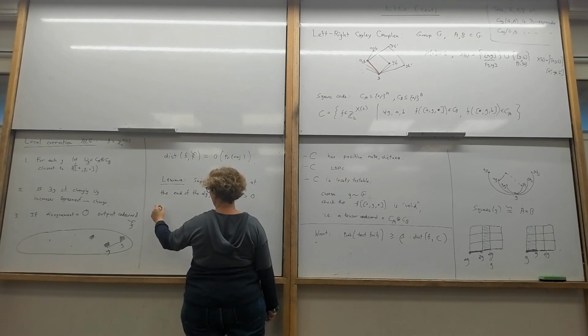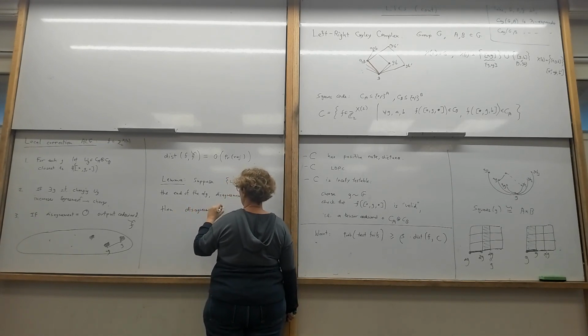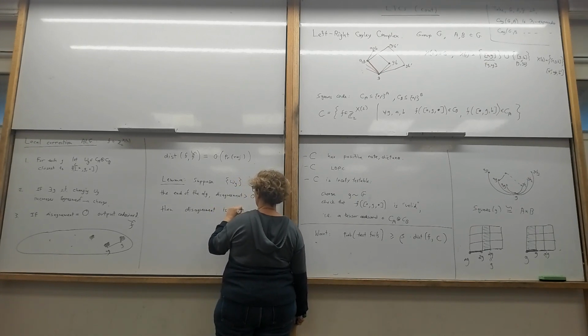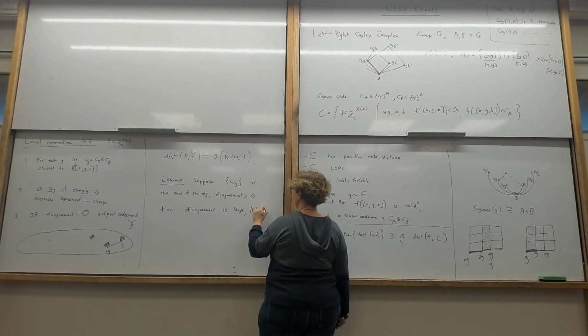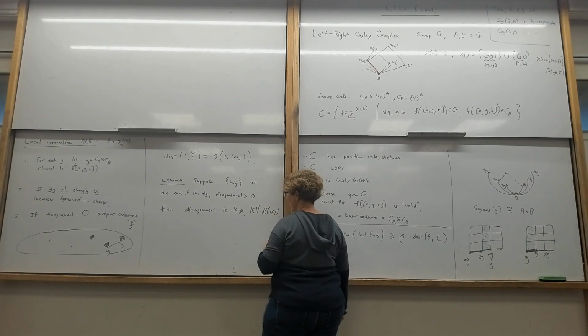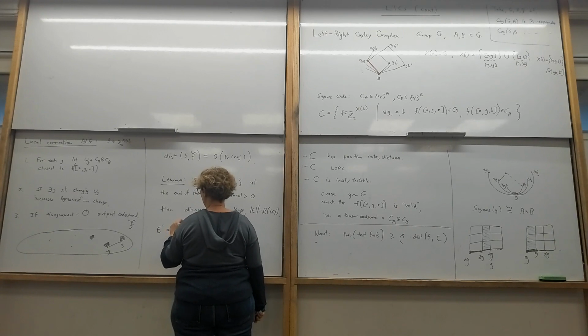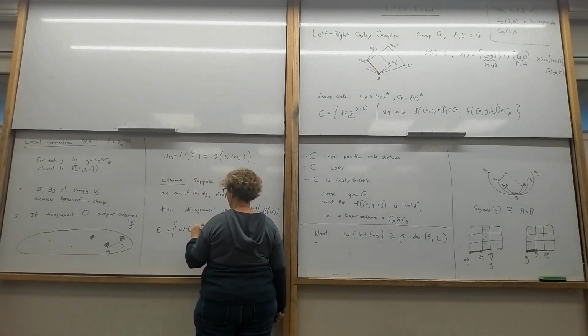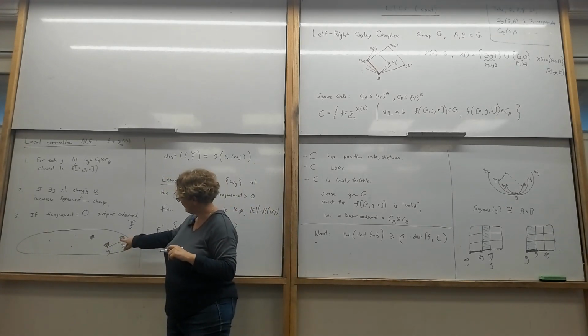And actually, then the disagreement is large, meaning the number of edges on which you see some disagreement is a linear fraction of all the edges. So E prime, we defined E prime to be the set of edges UV such that WU disagrees with WV. So remember, WU is this matrix and WV is another matrix.